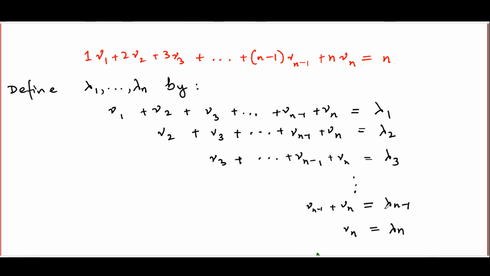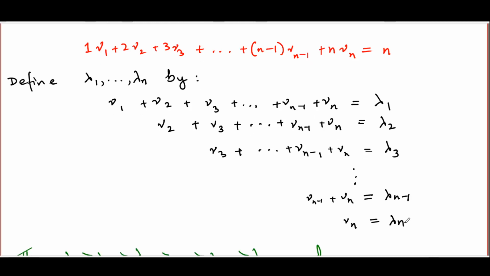And going on down the line, lambda n minus 1 is simply nu n minus 1 plus nu n, and lambda n is the same as nu n. Now you can see one very obvious thing here. If you were to add all of these together, you are definitely going to get the left hand side here. So the sum of these n lambdas is exactly equal to n.